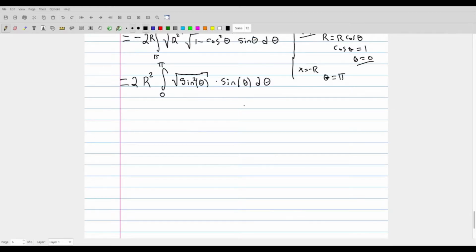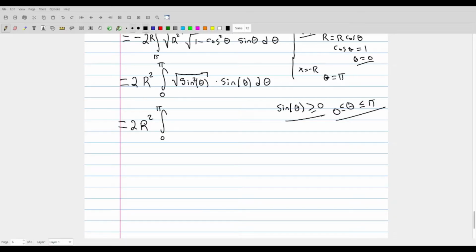And then the last argument here is that sine of theta is positive when theta is between 0 and pi. And so therefore this square root of sine squared theta is just equal to sine of theta.